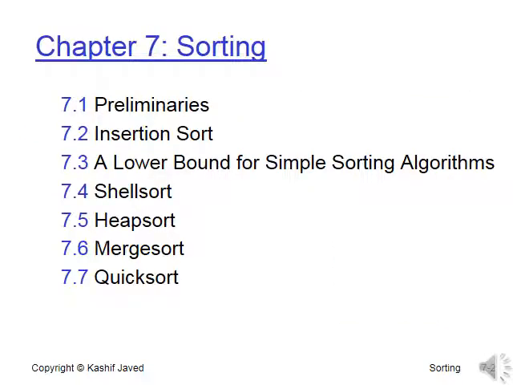For the preliminary introduction, the process of arranging items in a list in a particular order is basically called sorting. Sorting is applied practically in almost every field of discipline.